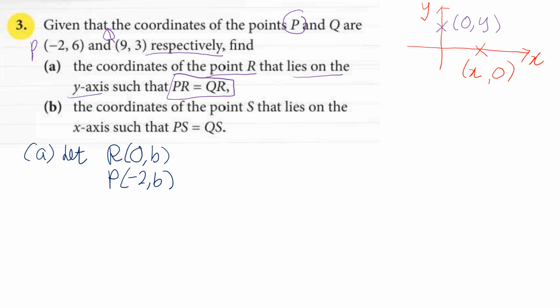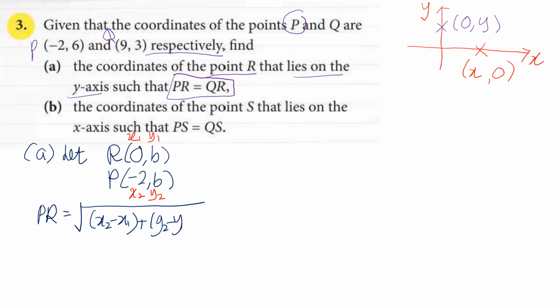Like what I've usually done, I would like to label the points as x1, y1, x2, y2, and then I'm going to find the distance PR. Because the formula will not be given to you in the formula sheet, it's good to write down the formula a few times so that you can remember it.